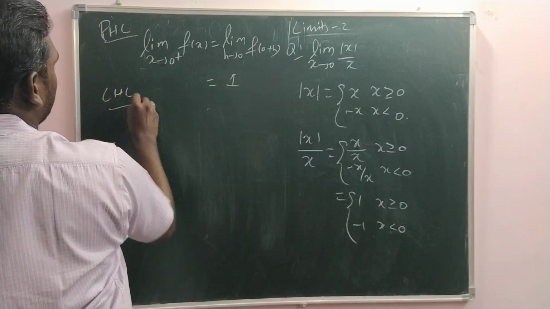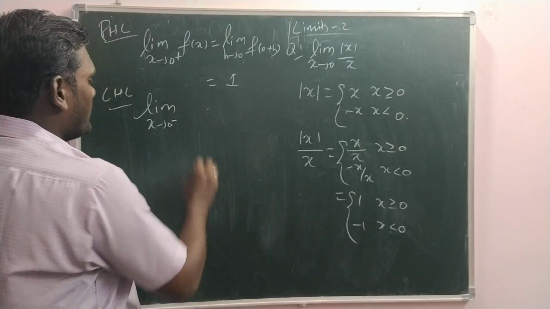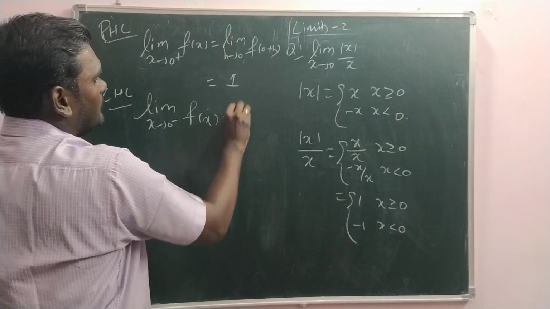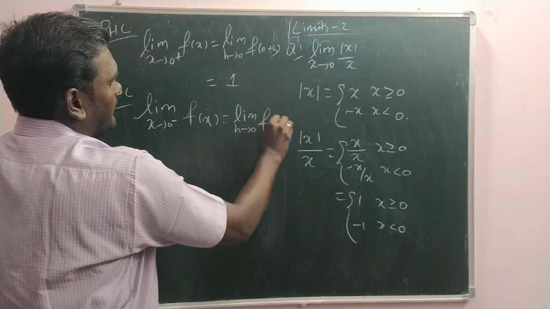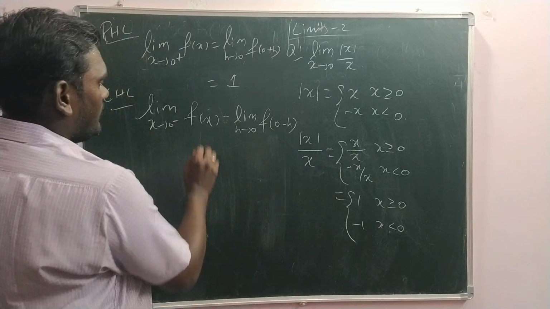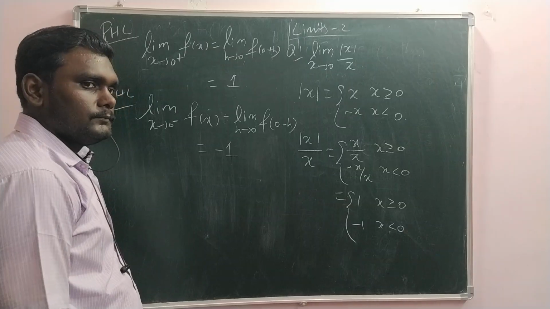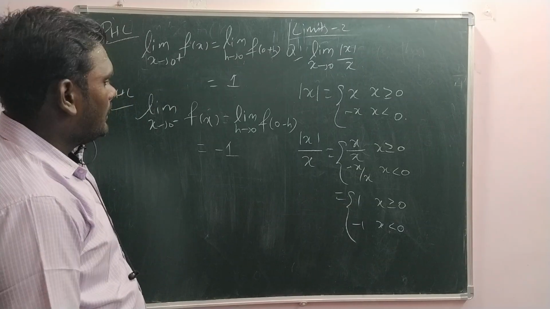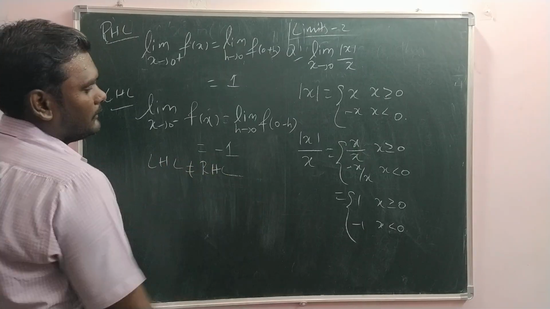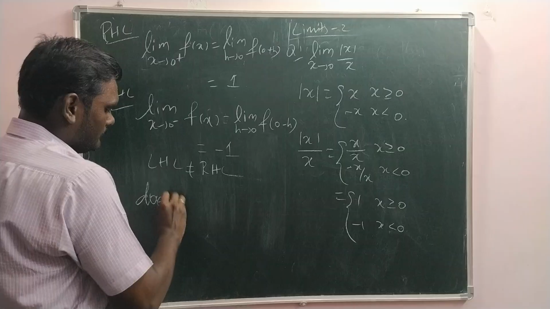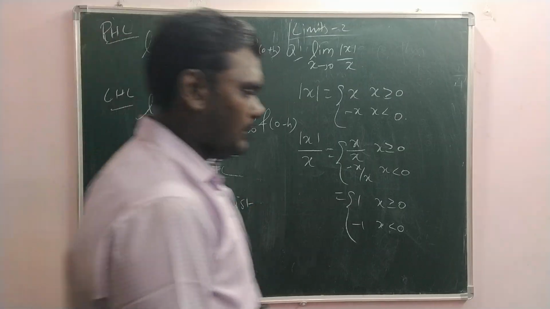Like that, left hand limit: limit x tends to 0 minus, f of x is equal to limit h tends to 0, f of 0 minus h. So this is minus 1. Then as the left hand limit is not equal to the right hand limit, what can we conclude? The limit does not exist. Like that, one more question is there.